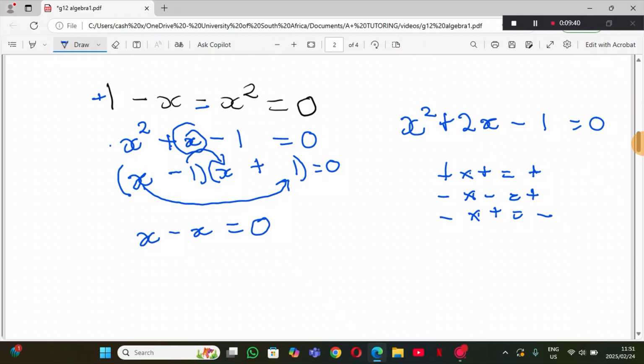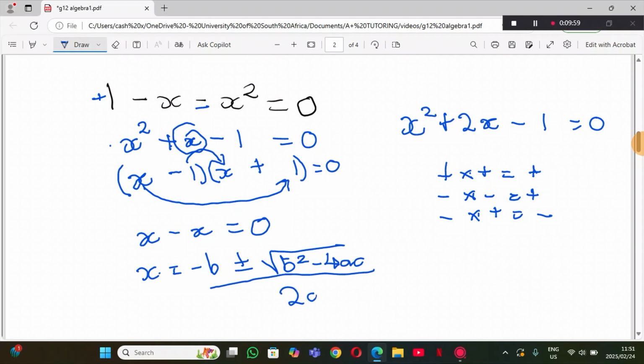But since these are the only factors of 1, that means we cannot factor using brackets, but you can use the quadratic formula. Okay, we can use the quadratic formula instead, because the quadratic formula is the one that allows us to get our answers, our factors, as decimals.